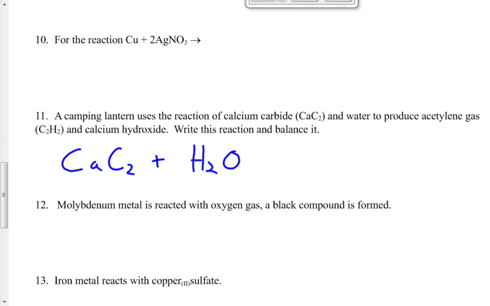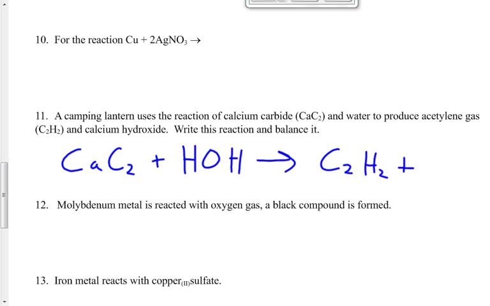Actually, because one of our products has hydroxide, I'm going to write water as HOH, to make this a little bit easier. To produce acetylene, C2H2, and calcium hydroxide, CaOH, and that is a 2 as well. Now when I want to balance, I need a 2 here to balance my OHs and my H's, and that's all I need.